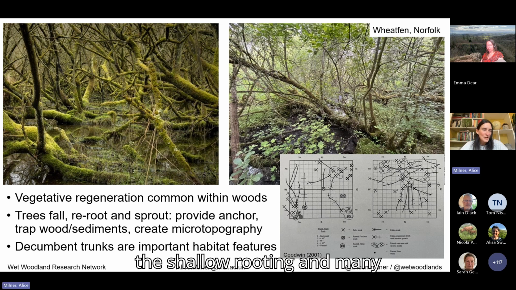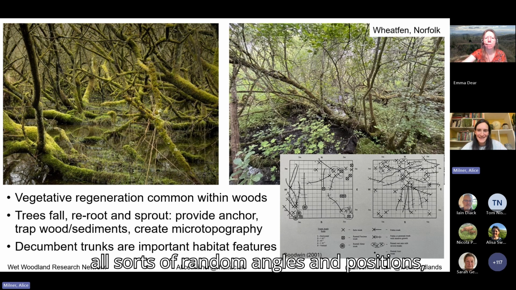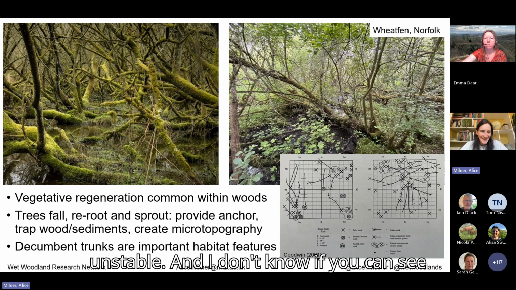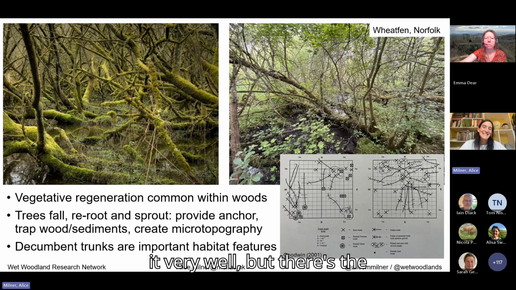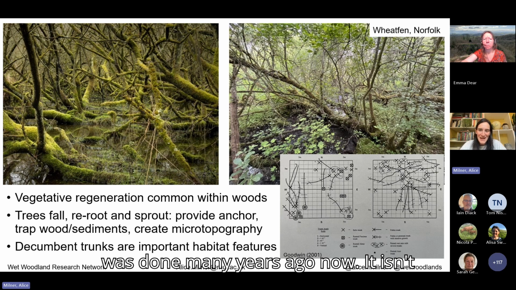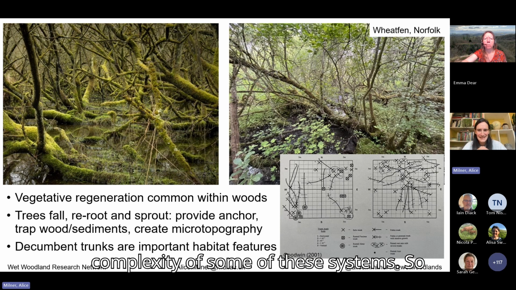And the shallow rooting in many sites will mean that there's this high proportion of trunks that are growing at all sorts of random angles and positions, particularly the larger trees that become unstable. And I don't know if you can see it very well, but there's a study from Wheatfen in the Norfolk Broads that was done many years ago now. It isn't online, so I can't link to it, but I love how it demonstrates the complexity of some of these systems.